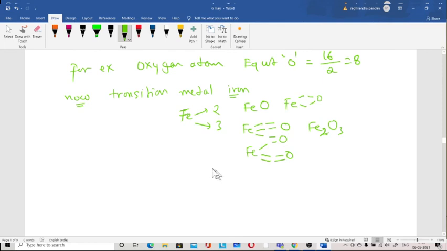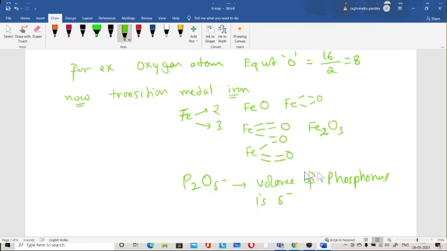Suppose I give you P2O5, phosphorus pentoxide. Now the valency of phosphorus is how much? 5, because here it is 5.